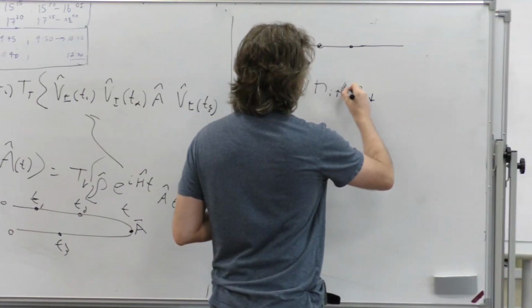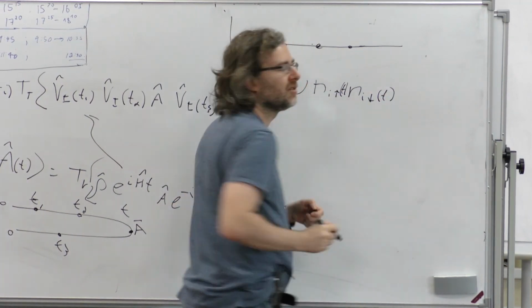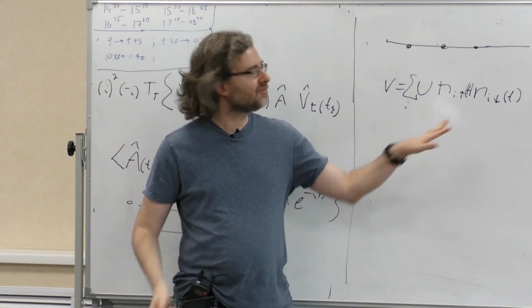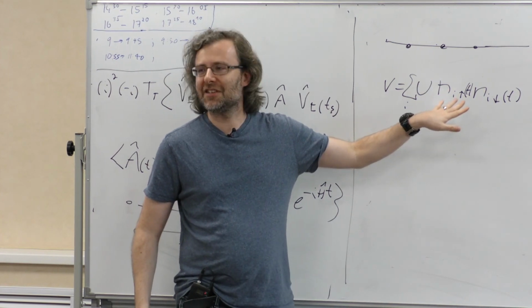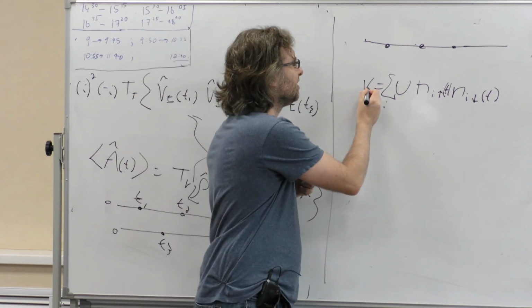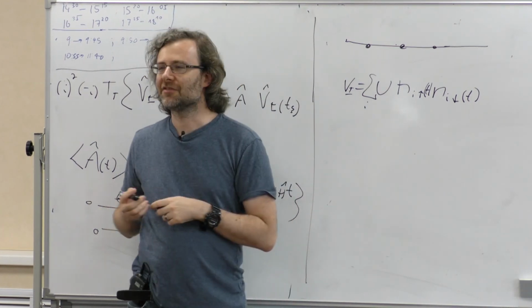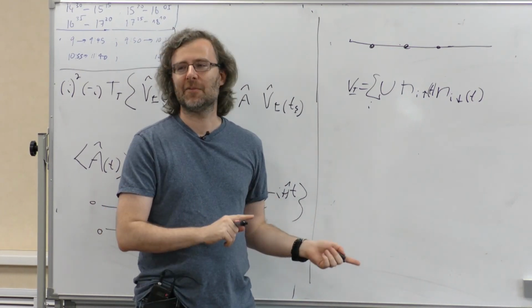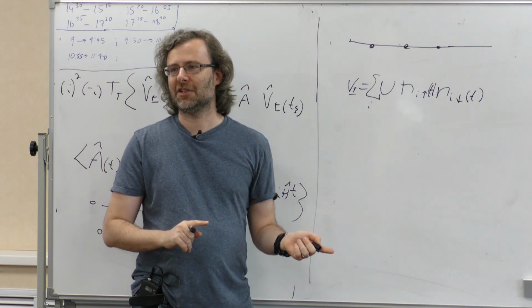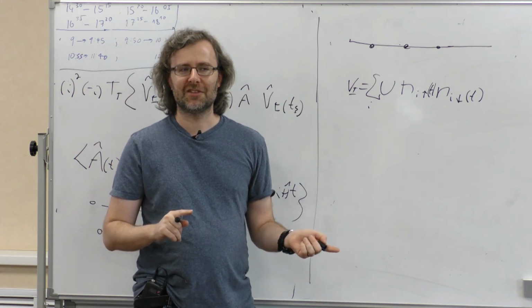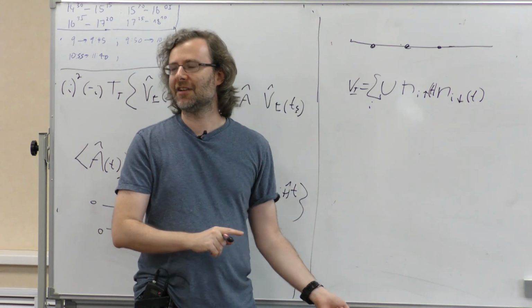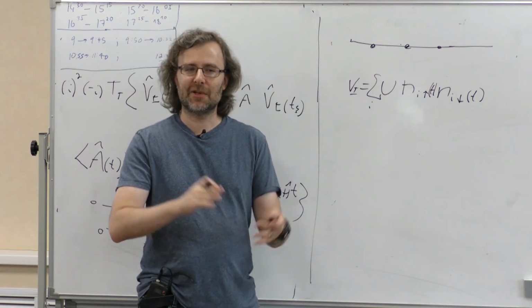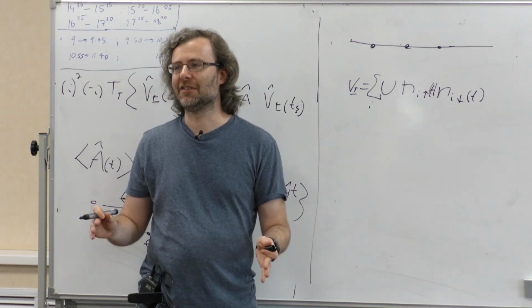But these have a time dependence. Why do they have a time dependence? Because they're in the interaction picture, right? So I have to propagate them under my non-interacting Hamiltonian. You remember that we did dynamics under a non-interacting Hamiltonian, and we said that we can evaluate whatever we like very easily.